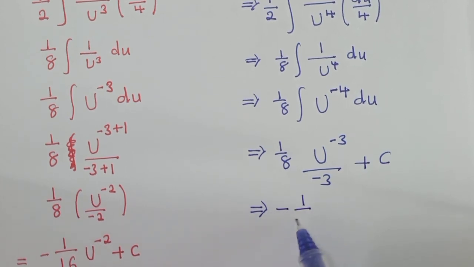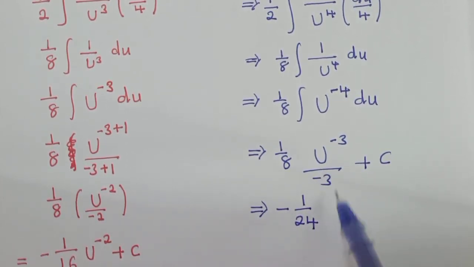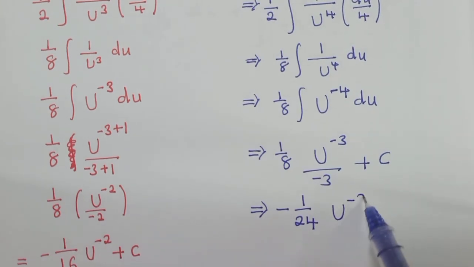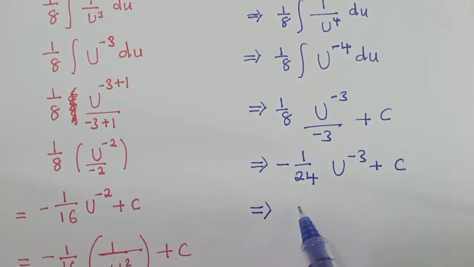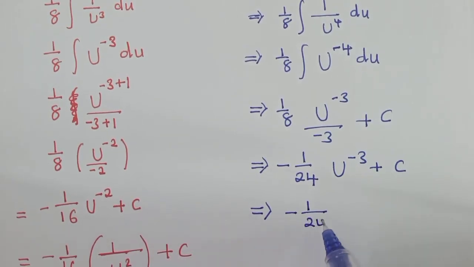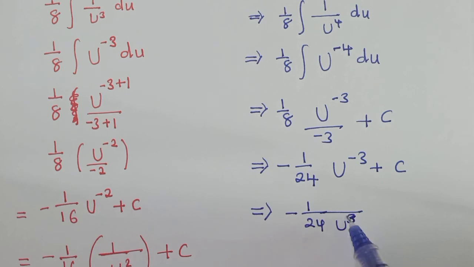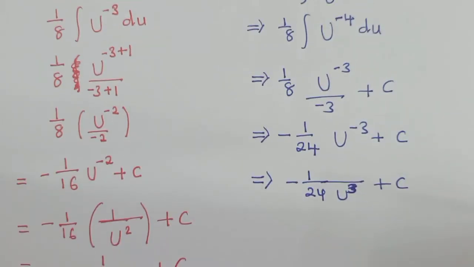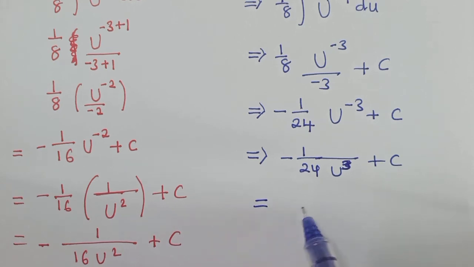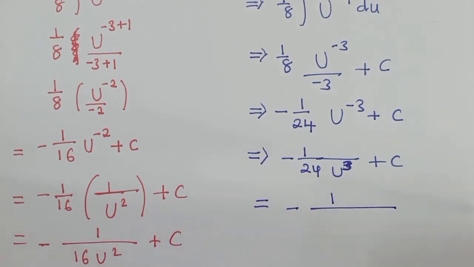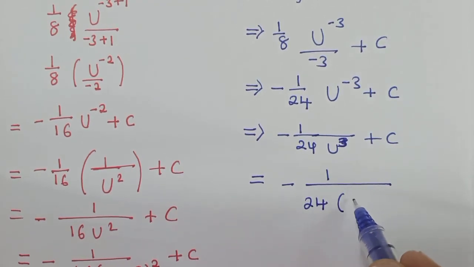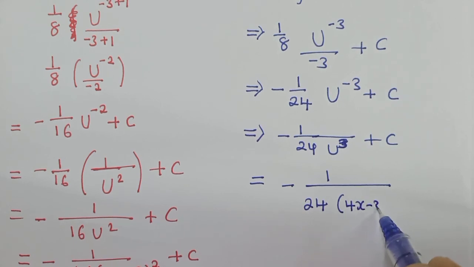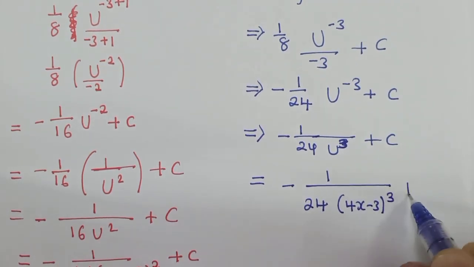We have negative 1 over 24, and here we have u power negative 3 plus c. We bring it down, power 3 here plus c. And our final answer will be to substitute back u, which is 4x minus 3 power 3 plus c.